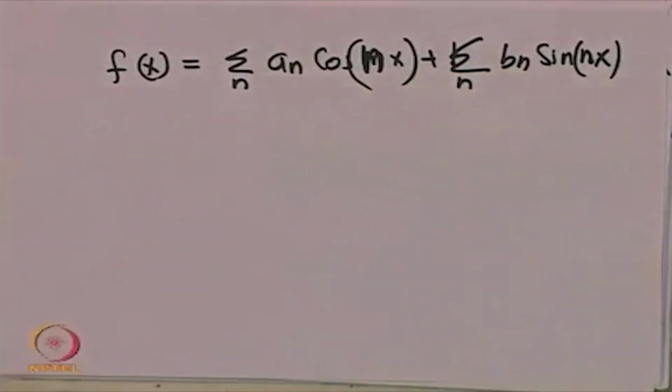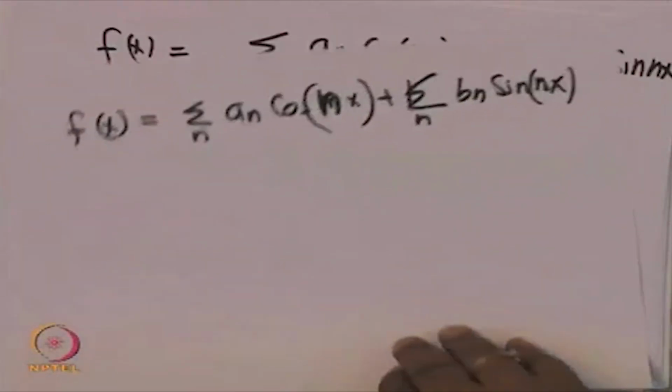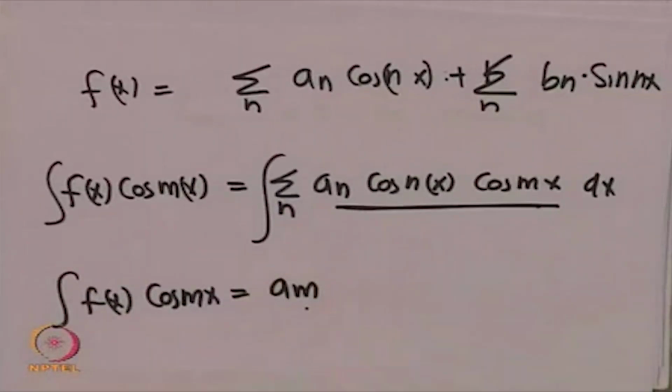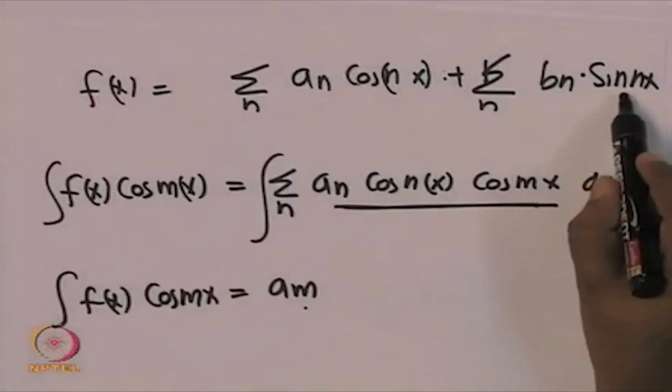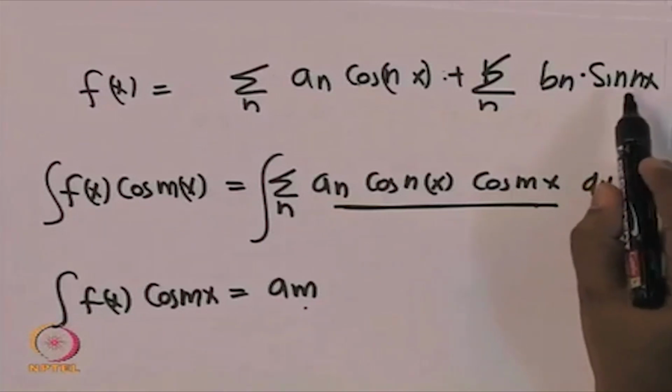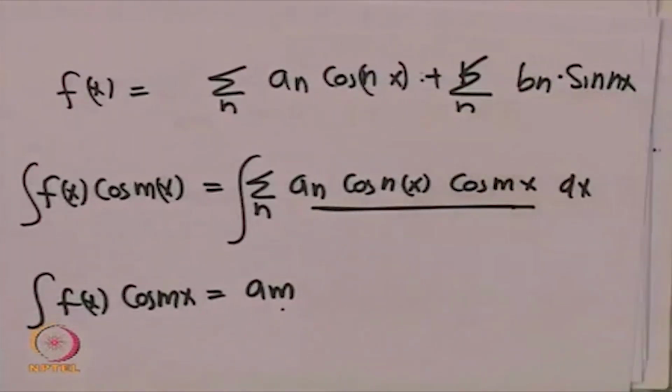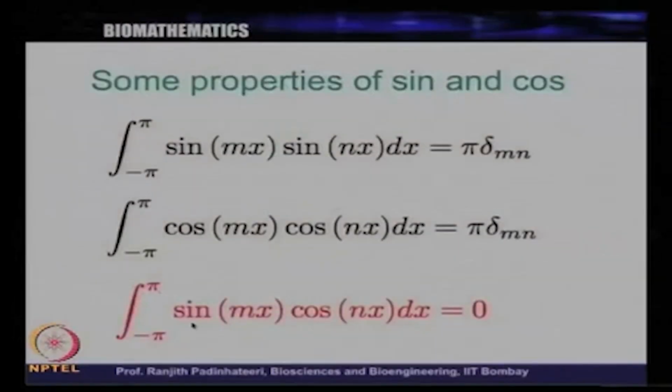In the previous case, we also used this property. When you multiply with this cos, sin and cos will be multiplied here, and it turns out that the sin cos product integral, as you see in this slide, sin mx cos nx, is 0.